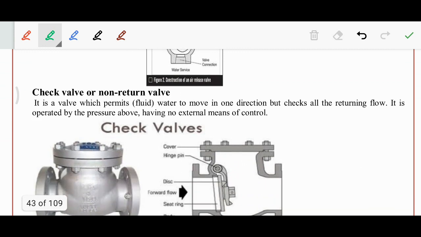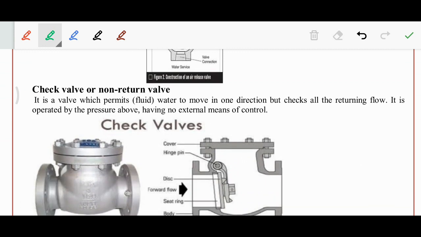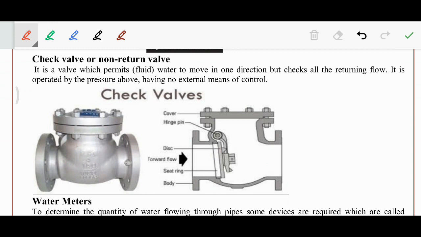Next we have the check valve or non-returning valve. The name itself says that it is going to check and it will never return back the water, the flow. Let's say this is the direction of flow. It will hit this shutter and lift it up.